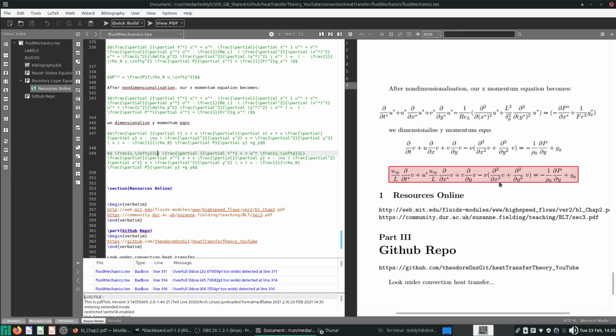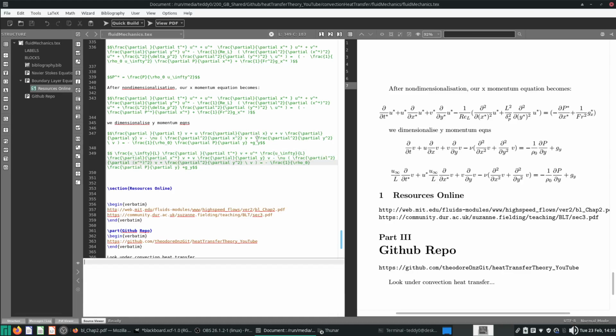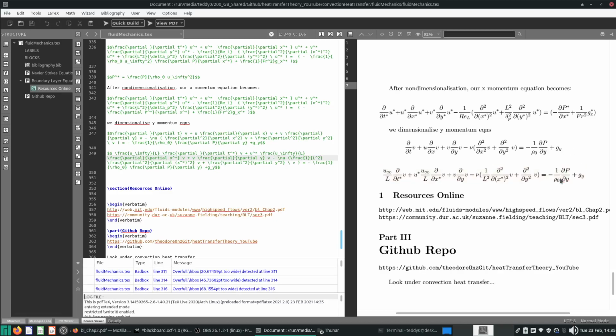This x squared will be x star squared into L squared, so 1 by L squared over here, and the rest deal with the y coordinate. So let's do that in the next part.